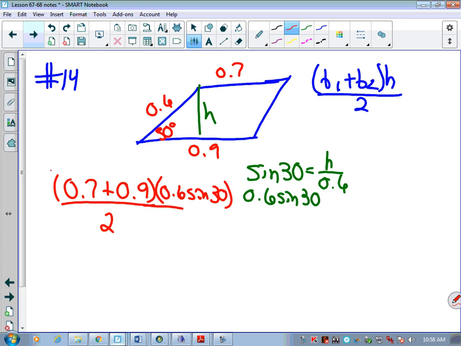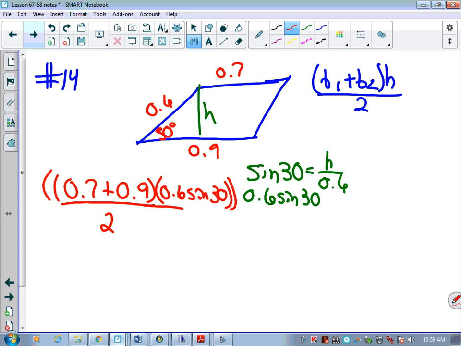If I want to do all of this in my calculator, I would do a double set of parentheses and divide by 2, or do the entire numerator, hit enter, and then divide by 2. Let's do this: 0.7 plus 0.9, times 0.6 sine 30.